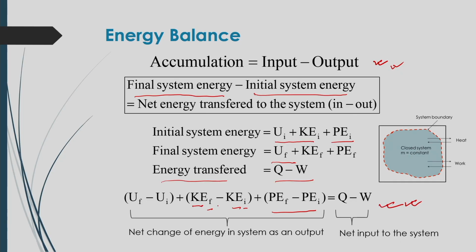The total change, the summation of internal energy change, kinetic energy change and potential energy change, all comes from the net energy supplied to the system. So we have described this energy balance based on the system boundary. More details of this energy balance will be described in the next lectures.